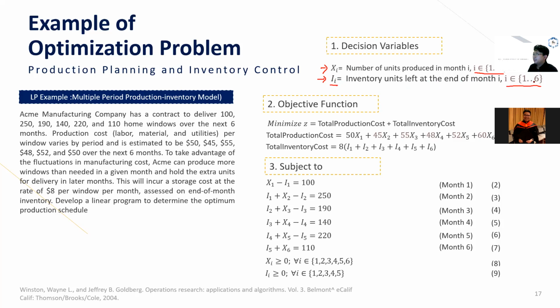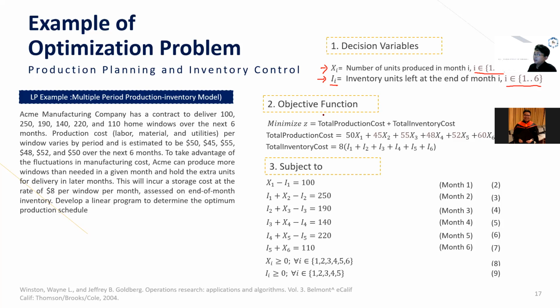Now we have the decision variables. We need to define the objective function. Here we want to make a plan of how many units are produced and how many of those units are considered inventory.